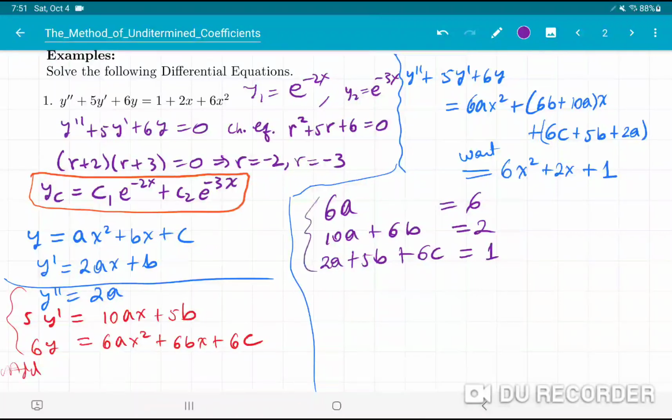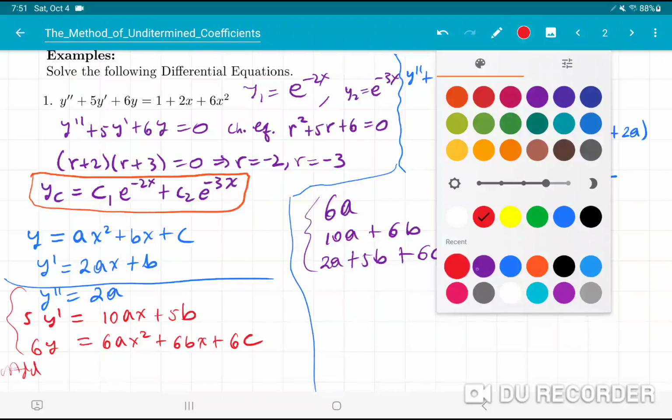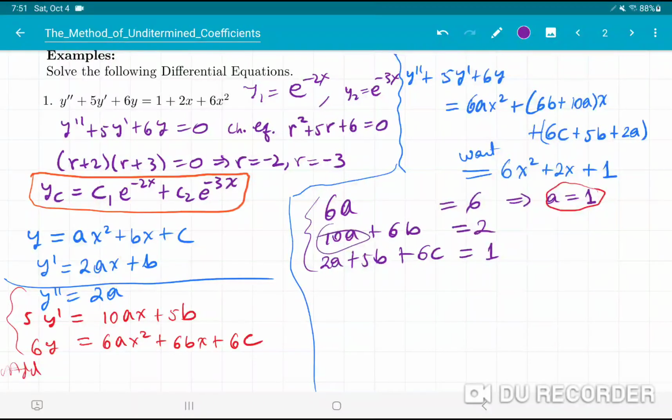So we will solve this. Well, this is nice. We can find a and then b and then c in order. This gives us that a must be 1. We will save that. So we put 1 into a and solve for b. That's 10a, so 2 minus 10 is minus 8. So b is minus 8/6, which is minus 4/3. And then we're going to put the a and b in here and find c.